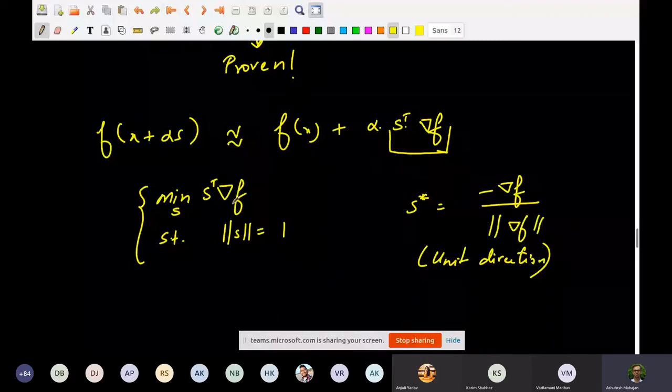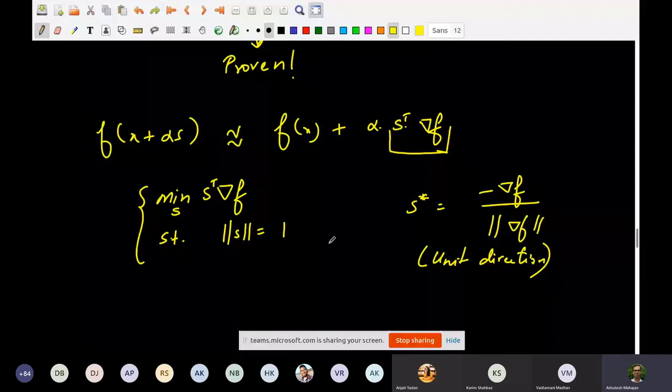That can be shown pretty easily. We will not go into that proof very formally, but just tell you that it is true.